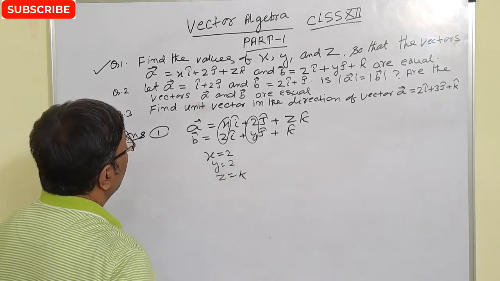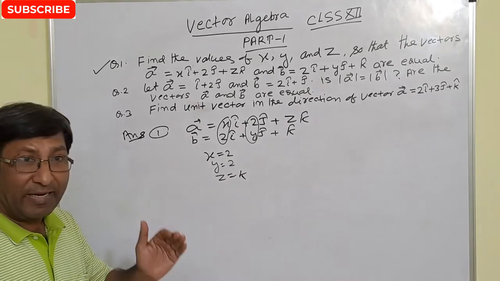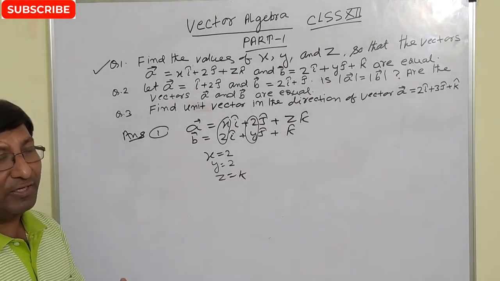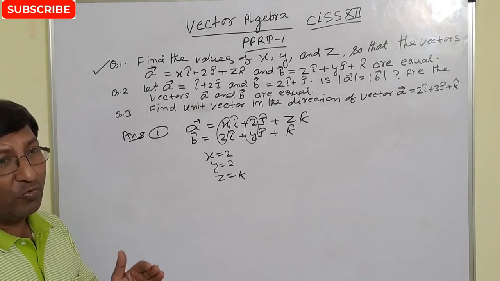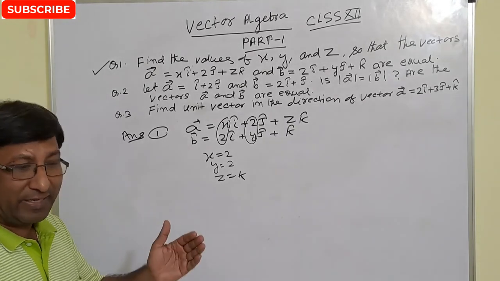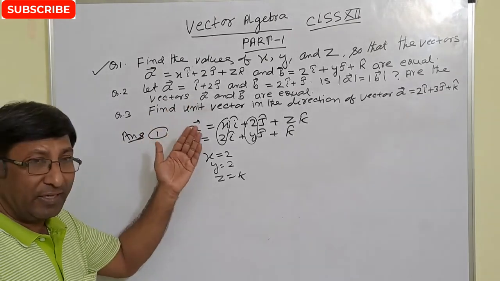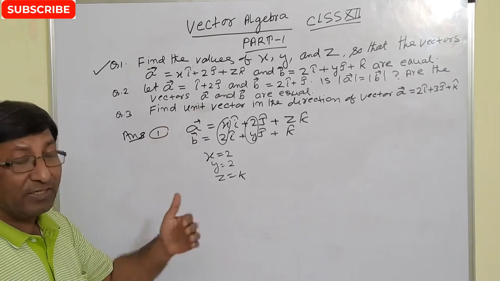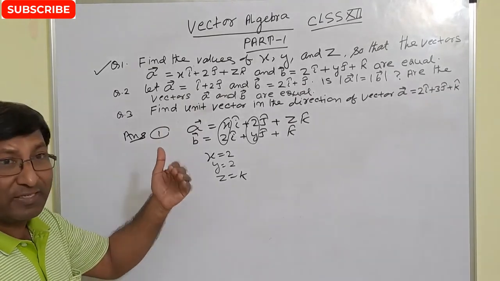That is k. So most important concept is what? When two vectors are equal, then coefficient of unit vector i of the first vector is equal to coefficient of unit vector i of the second vector. In the same way, coefficient of unit vector j in the first vector is equal to coefficient of unit vector j of the second vector.